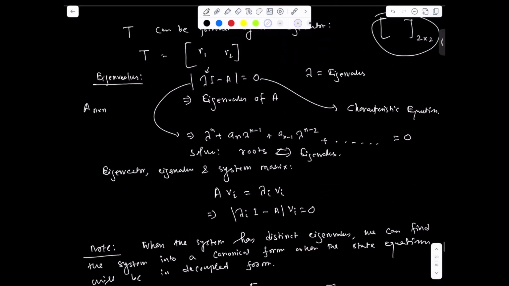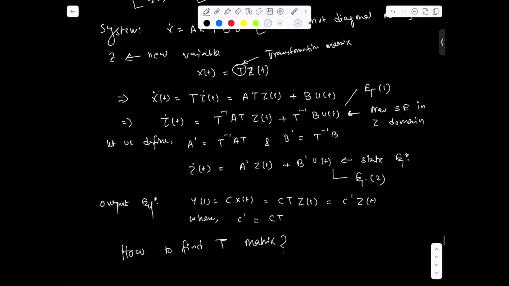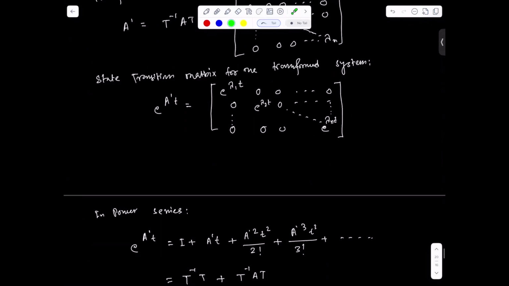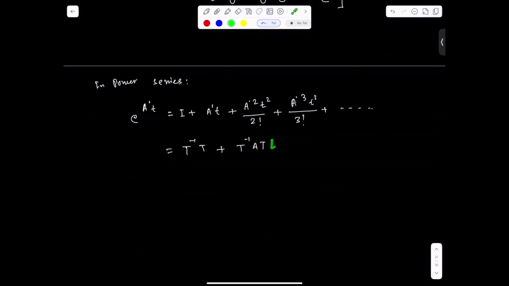We had the expression of this A dash, so we just put it here. Sorry, this is T inverse T plus. We can write A dash, and A dash square. So we can write T inverse AT t.